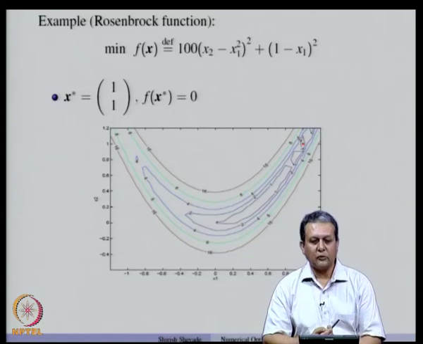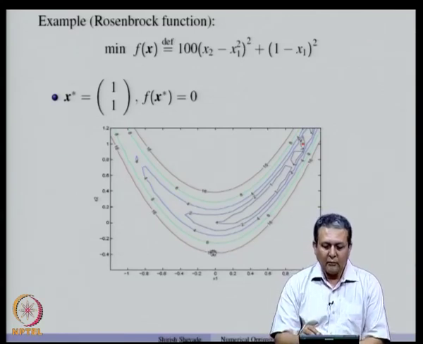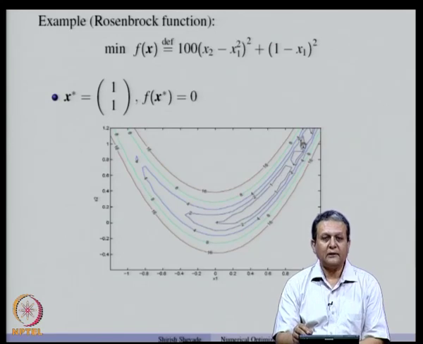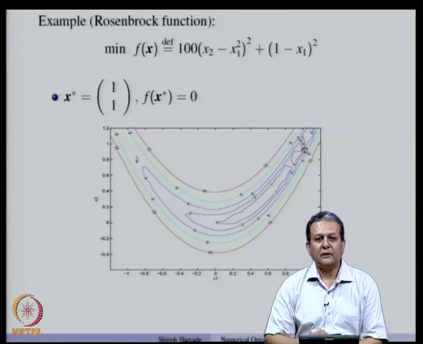Let us look at the contours of this. So, the outermost plot corresponds to the function value 16 and then comes down to 8, 4, 2, 1 and finally, this is the point which is shown by the red star. That point is a minimum of this function.